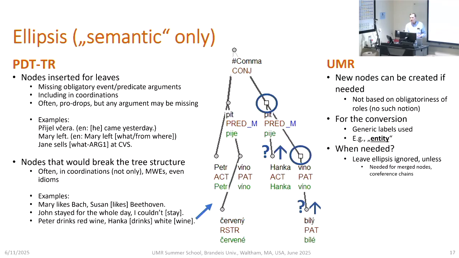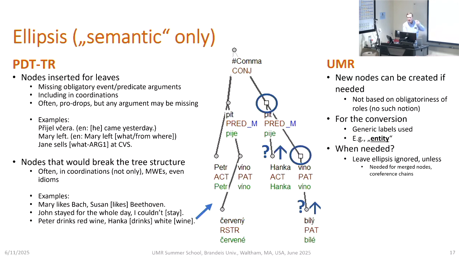Often the subject is left out because it's completely understood from the context or from the morphological features of the verb and so on. So we don't have to say it, but in the semantic annotation we have to give it a label. Was it the subject which was the actor, or the subject which was actually the patient, and so on. So we insert the node for that. It has no links to the surface text because there is no word in the surface which would be related to it, but it has its node in the annotation.